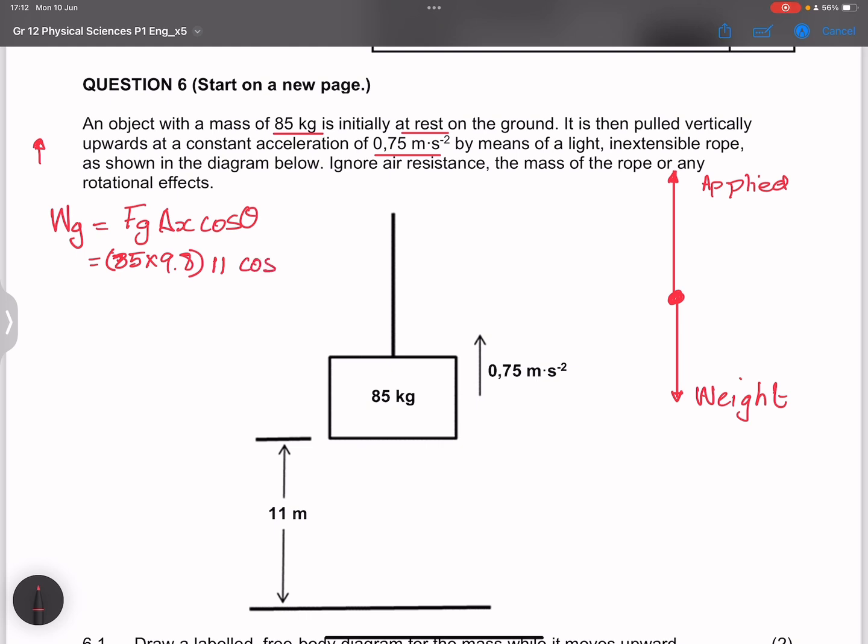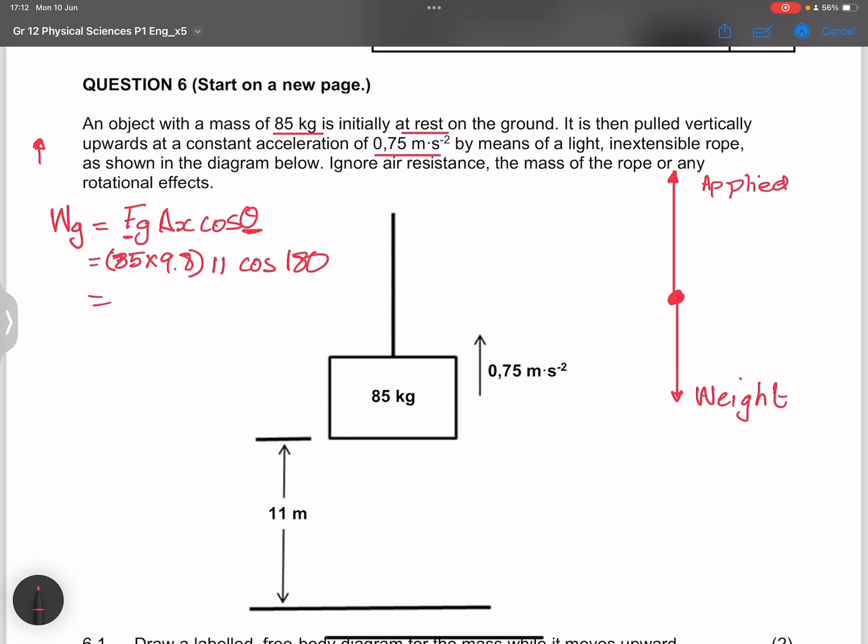And now remember, we said this angle is the angle between the direction of motion and the force. The motion is going upwards, but the force in question is the force of gravity, or rather the work done that is being asked, right? So that force is acting in the opposite direction. So the angle between the two is 180 degrees. So that's cos of 180.